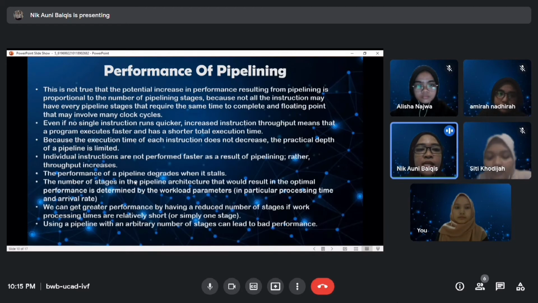Even if no single instruction runs quicker, increased instruction throughput means that a program executes faster and has a shorter total execution time. Individual instructions are not performed faster as a result of pipelining. Rather, throughput increases. The number of stages in the pipeline architecture that will result in the optimal performance is determined by the workload parameters, in particular processing time and arrival rate.